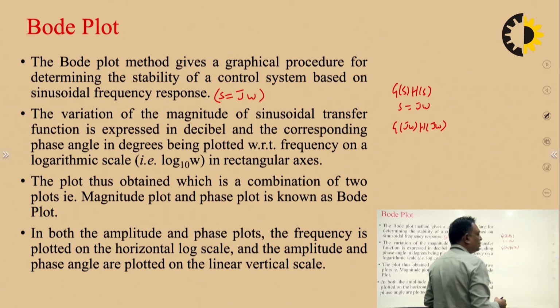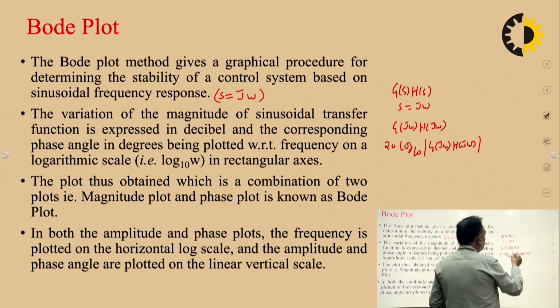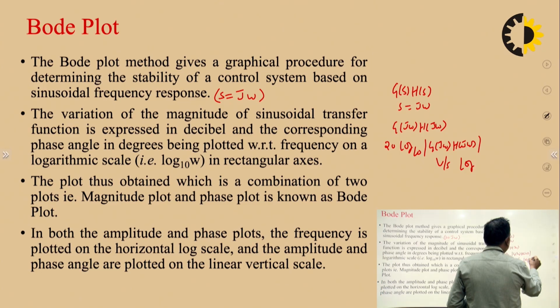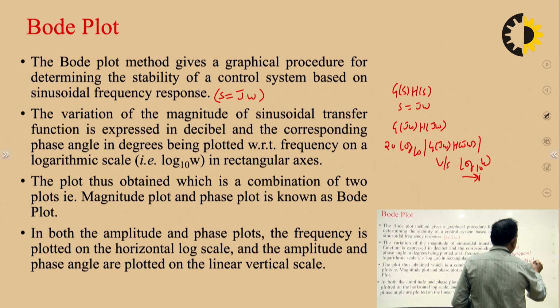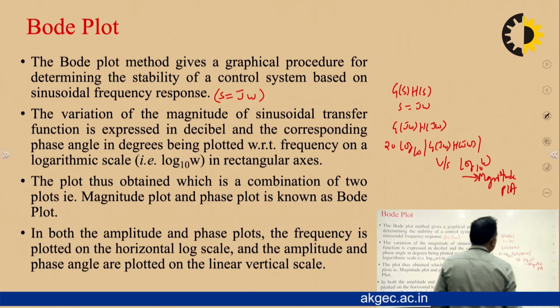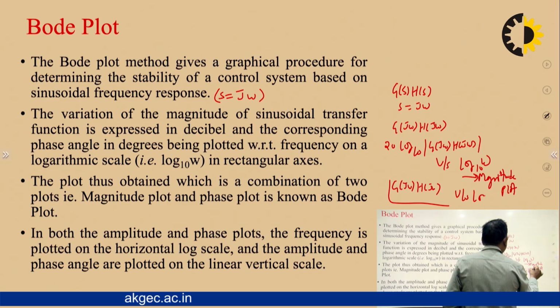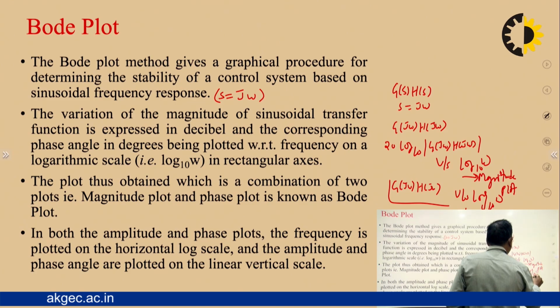In this particular case, for magnitude, we will take 20 log of mod of G(j omega)H(j omega) values, and we will plot it with respect to log values of omega, log on the base 10. This is our magnitude plot. And for the phase plot, we will plot angle of G(j omega)H(j omega) versus log 10 omega, and this plot is called phase plot.